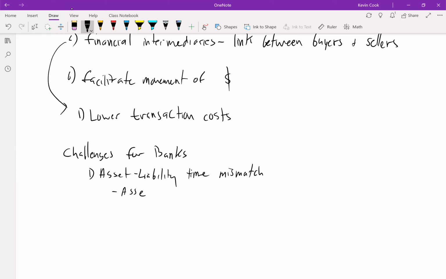So let's rephrase this: customers can withdraw funds very easily, in a short period of time.